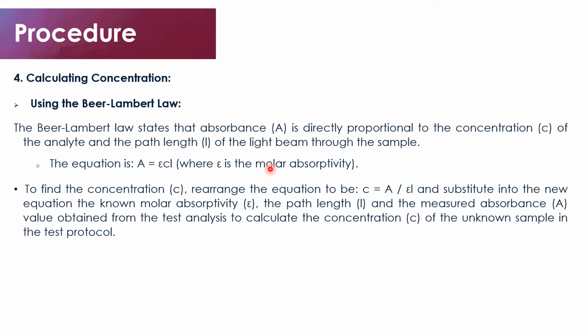If you want to find the concentration of our test sample, we rearrange the equation to be C equals this, and substitute into the new equation the known molar absorptivity, the path length, and the measured absorbance value obtained from the test analysis to calculate the concentration of the unknown sample in the test protocol. So this is the first way by which we can calculate the concentration of our unknown sample in our test analysis using the Beer-Lambert law.